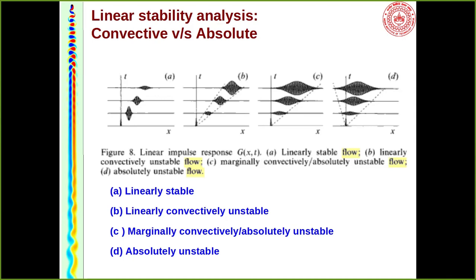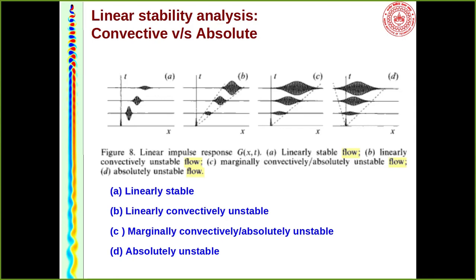I have nothing to worry about. Maybe another packet will come, it will be washed out. But if I had an instability that grows where it originates, then it is there to stay. Then you can see it will excite the flow, and my flow will go through a limit cycle eventually.